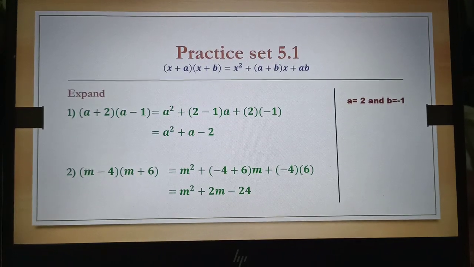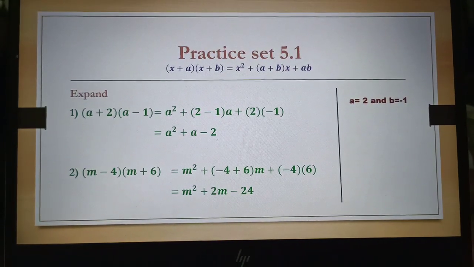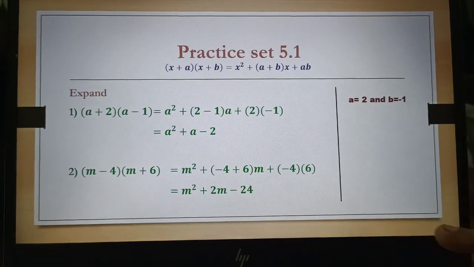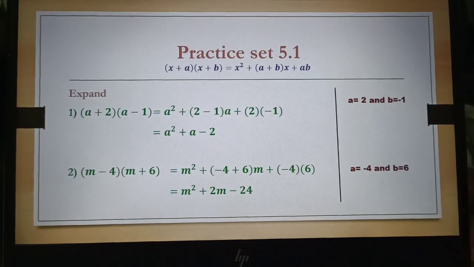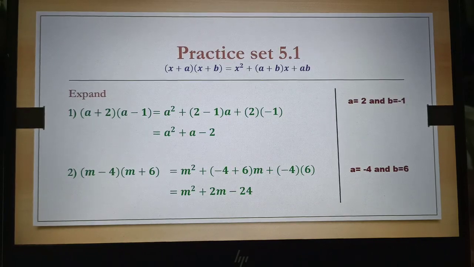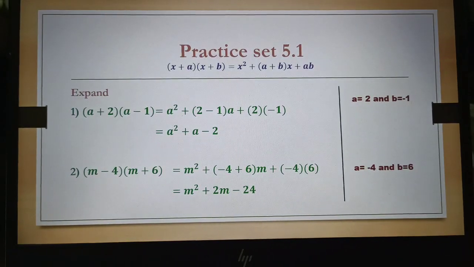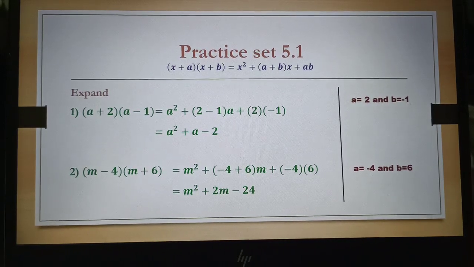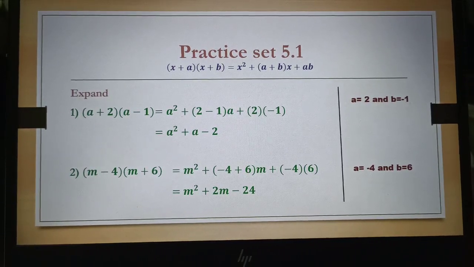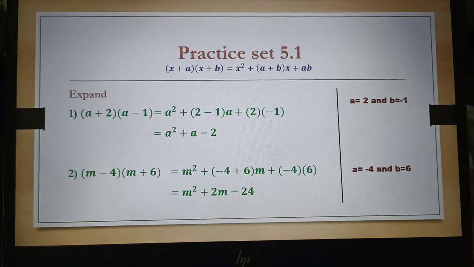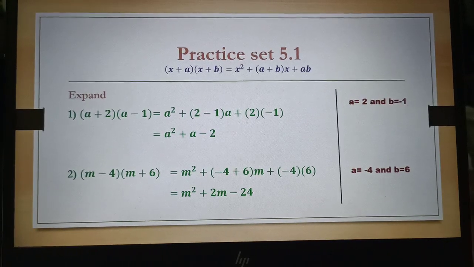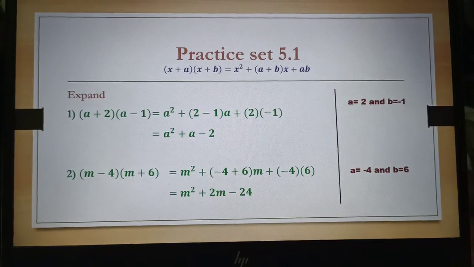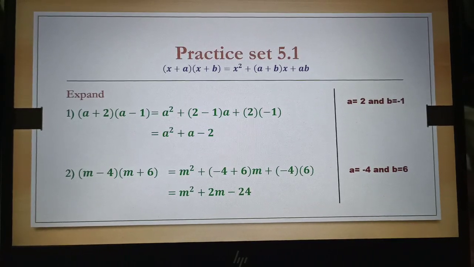And next, come to the second question, m minus 4 into m plus 6. Here we have to apply the value a is equal to minus 4 and b is equal to 6. So that is m square plus, instead of a we write minus 4 and instead of b we write 6. So minus 4 plus 6 into m plus minus 4 into 6.